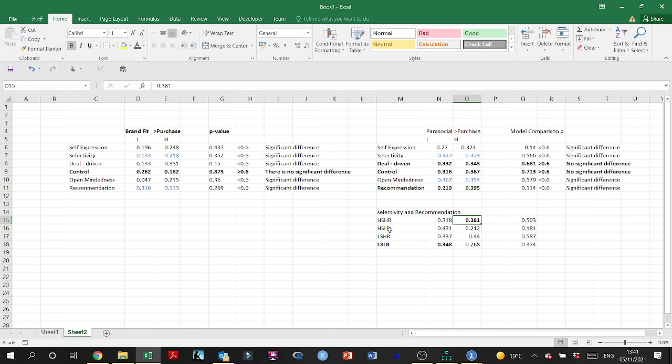But high selectivity alone is resembling this one on top. Low selectivity is resembling the one here on top. So we can see that when you have, no, wait a minute. Low selectivity but high recommendation, because we got the high recommendation, it is resembling both the high recommendation and the low selectivity. When you're low on selectivity, you have a much higher impact of parasocial on purchase. So over here, the effect is higher.